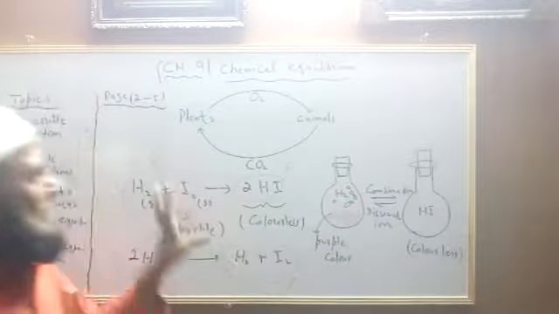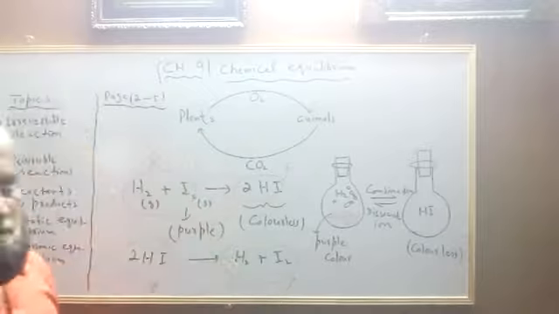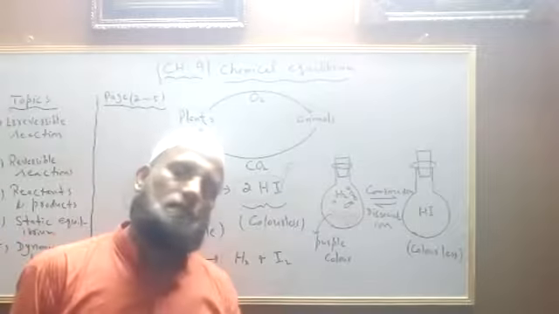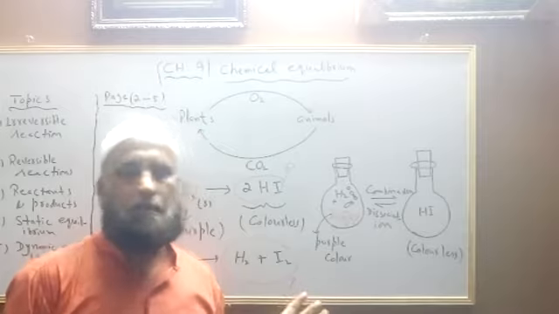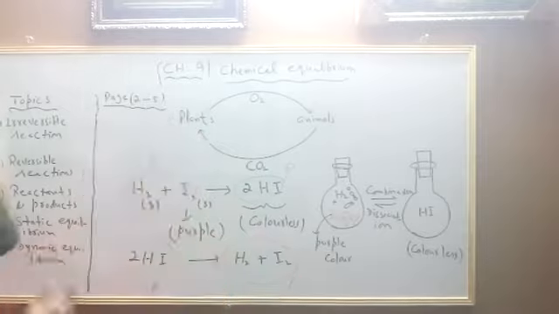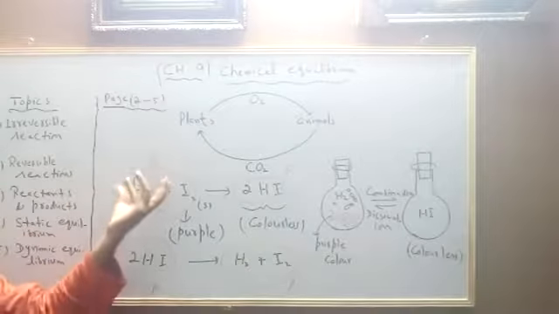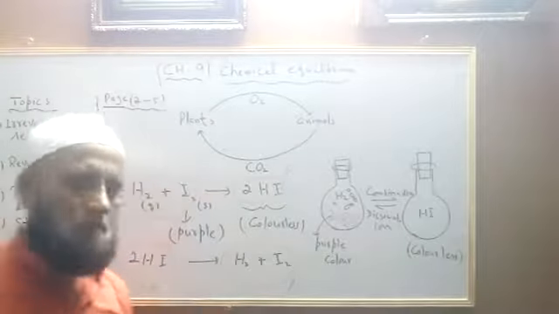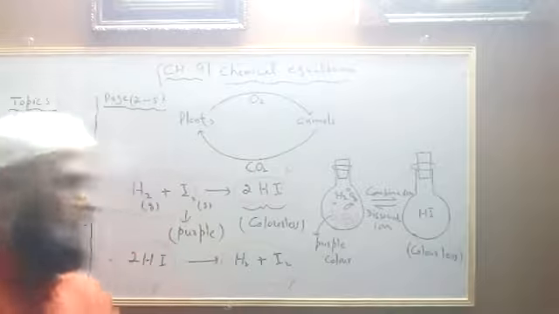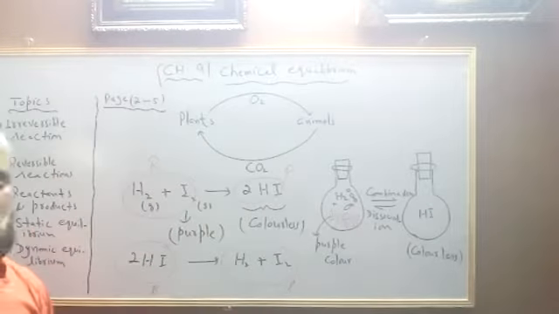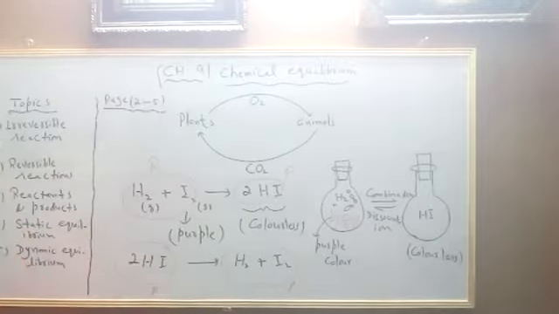So this is again the characteristic of chemical equilibrium, that the rate of the forward reaction is equal to the rate of the backward reaction. Now the left hand side is represented as reactants, and the right hand side we treat as products.